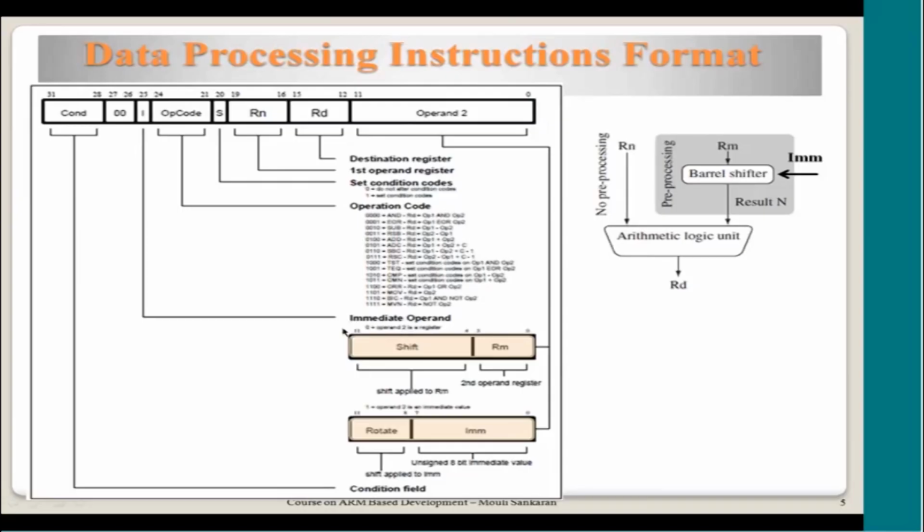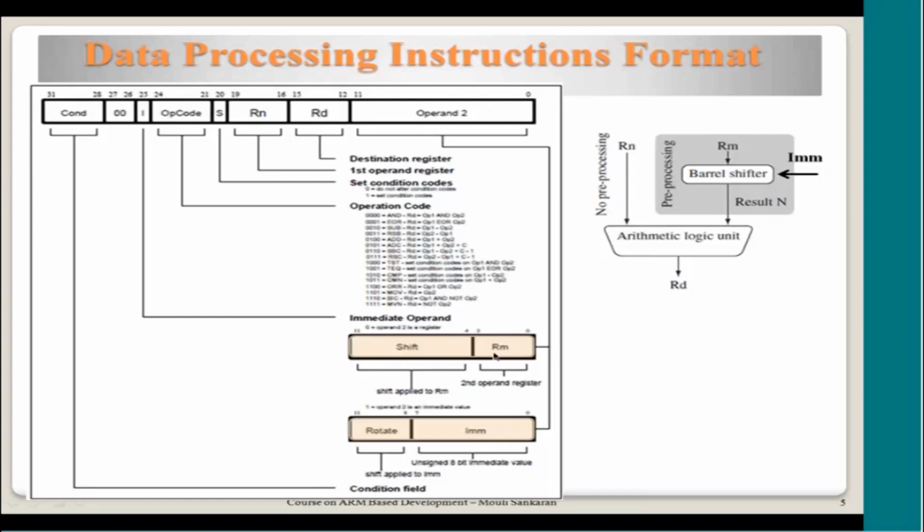So if I equals 0, it will interpret the lower 12 bits of the instruction as an 8-bit shift operation followed by a register Rm. Now if you remember again, Rm is one of the general purpose registers.